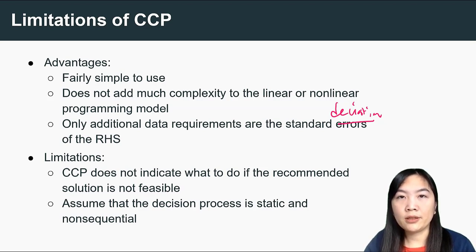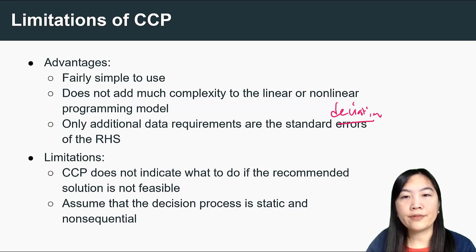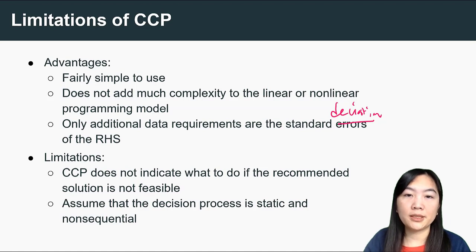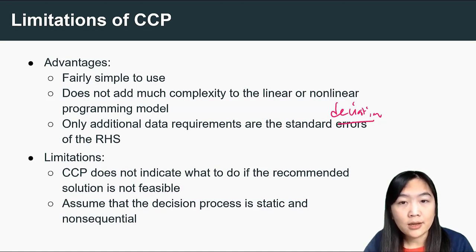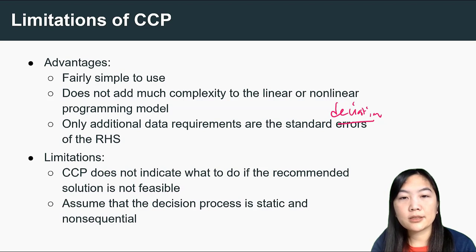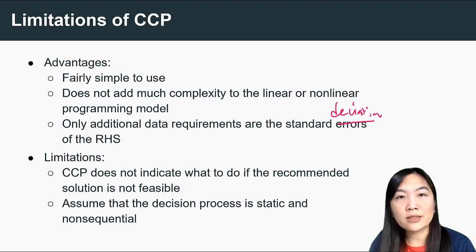However, for example, if the solution asks you to plant 1,000 acres of corn, however, you only have 500 acres, that could be possible under CCP. And if that happened, then CCP doesn't tell you what to do. And also, I assume, again, the decision process is static. It's not dynamic or sequential.